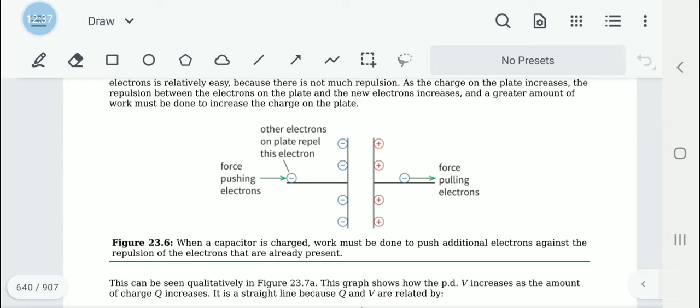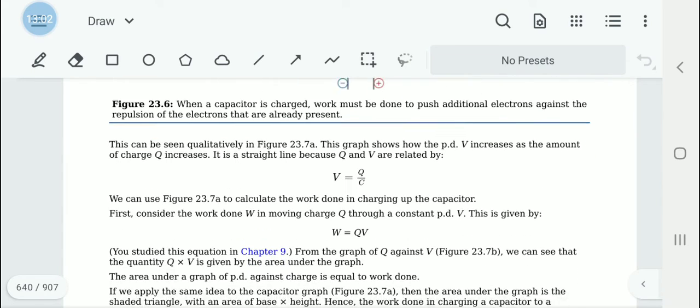However, when the charge builds up, more and more work needs to be done, and as a result, there would be more energy being stored.